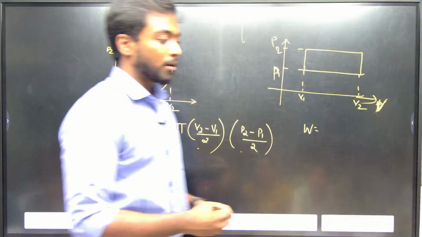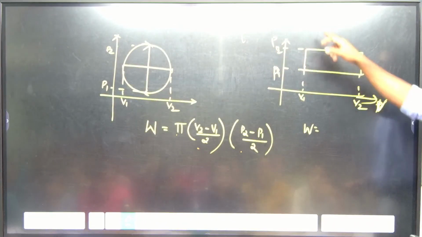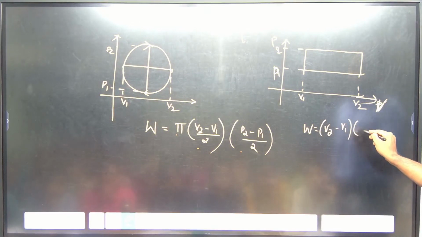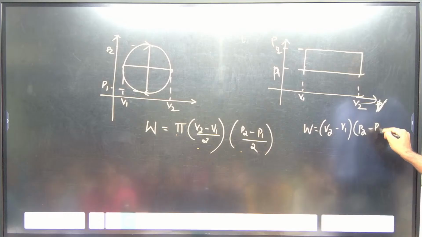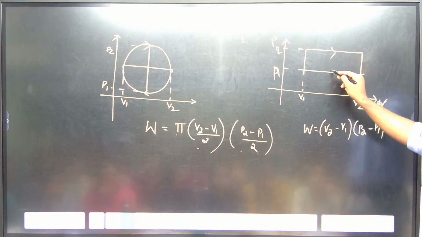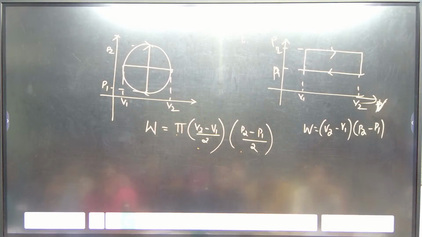P2 minus P1 into V2 minus V1. That's it. One is length and one is breadth. So V2 minus V1 into P2 minus P1. Okay. So this will be the work done. Positive or negative depends upon the direction. Okay. Any doubt here? Take down.